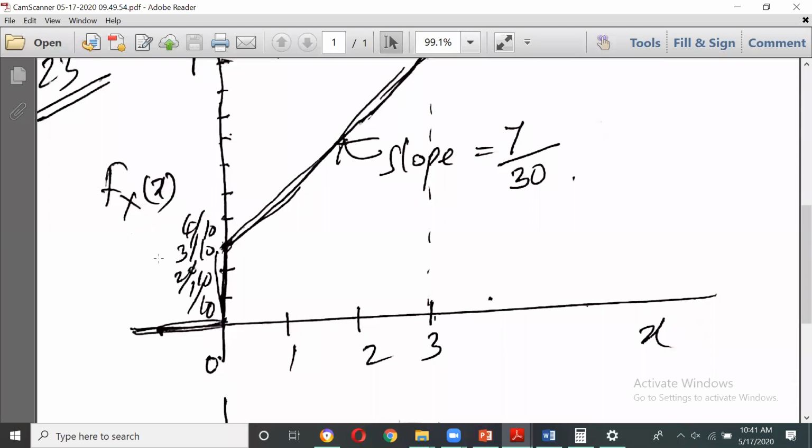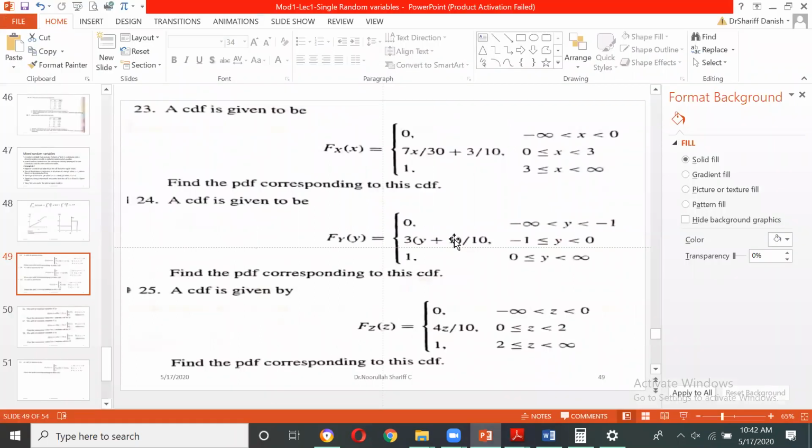After that constant, you'll have the slope again, which corresponds to multiplication with the variable y. So here it is different.